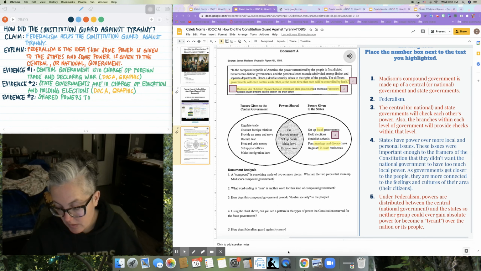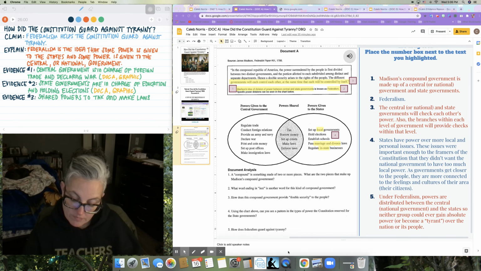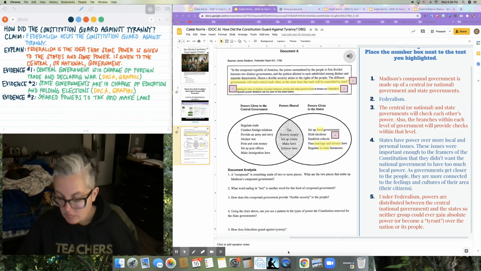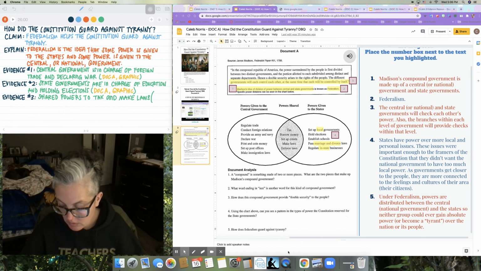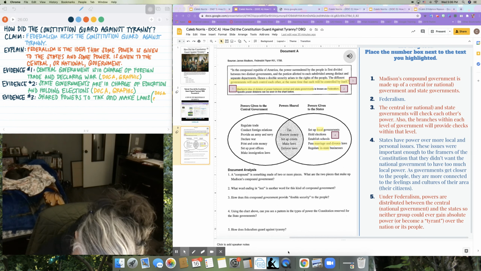To tax and make laws. Okay. And just for sake of room, I'm going to squeeze this here. Document A, graphic.